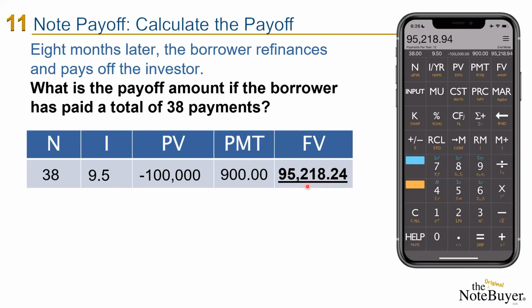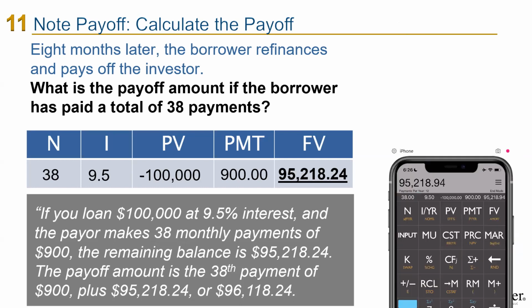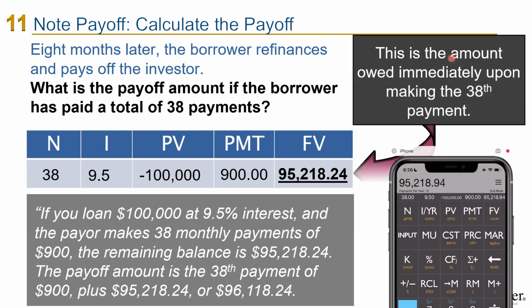And if he's going to pay off the loan, what does he have to do? He has to pay the $95,218 plus that 38th payment.